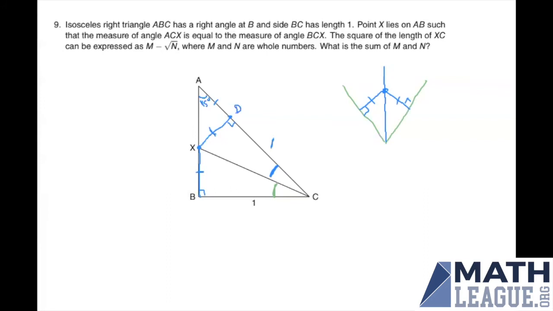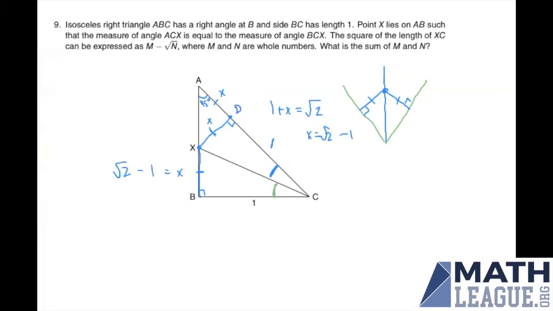So that means, let's just call it X, we have this is X, this is X, this is X. And then so now what do we want? Well, in an isosceles right triangle, it's 1, 1, root 2 if you know your side lengths. So that means AC is root 2. So we have that 1 plus X is equal to the square root of 2. Well, we can just solve this. X is equal to the square root of 2 minus 1. And so what do we have? This is equal to the square root of 2 minus 1.